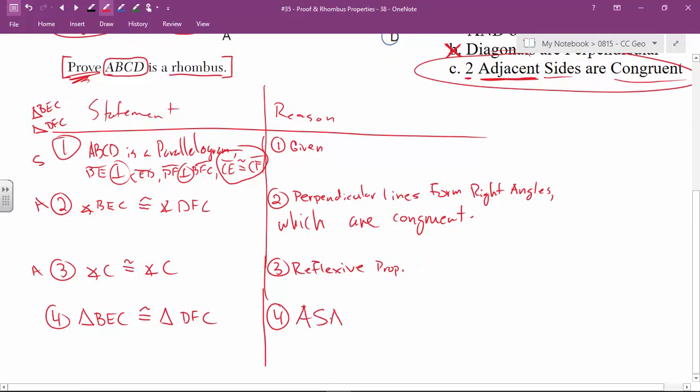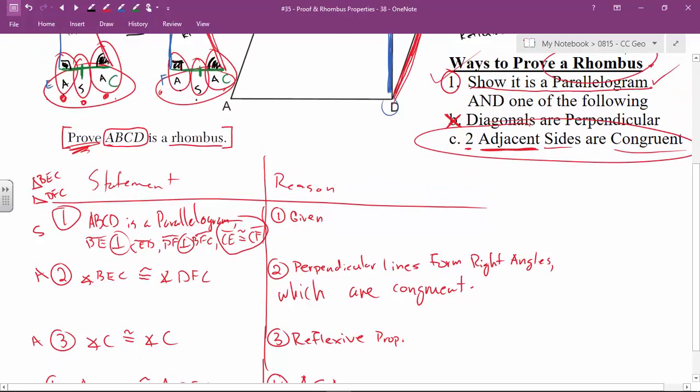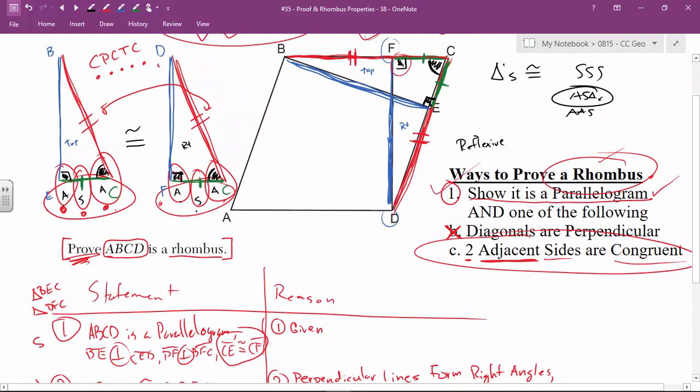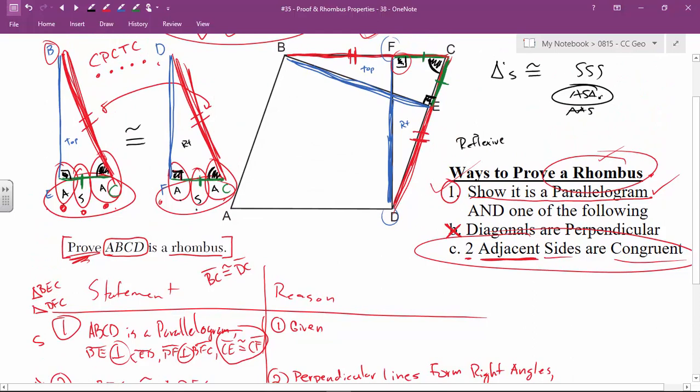Angle, side, angle. Well, now that I've got those congruent triangles, I'm now allowed to say that BC is congruent to DC. I'm just writing this down; you don't need to do this piece here. It's because I'm scrolling, I can't see the diagram that I have. So I can now say that these sides have to be congruent because they're corresponding parts of congruent triangles.